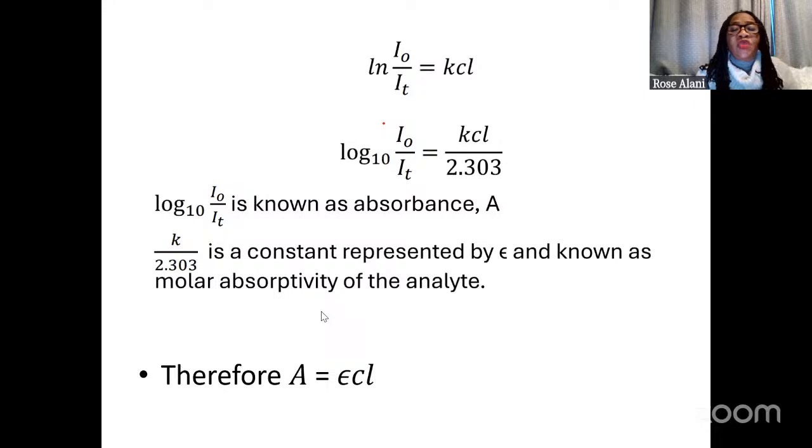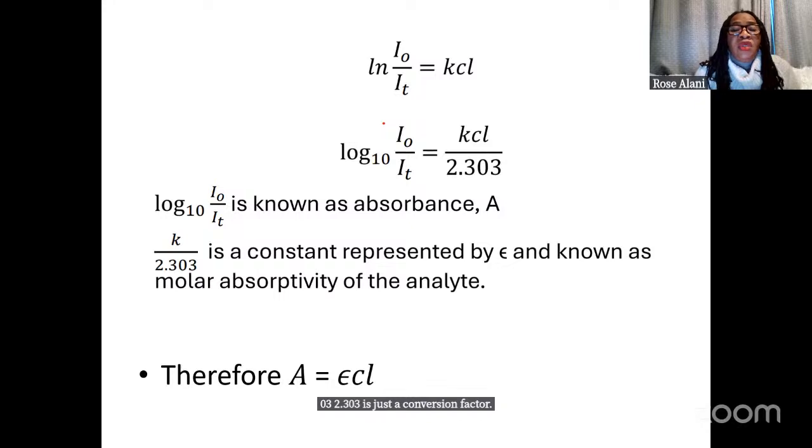And that's where we get this relationship: I0 over IT is equal to KCL. This is the same as log to base 10 of I0 over IT is equal to KCL over 2.303. 2.303 is just a conversion factor.